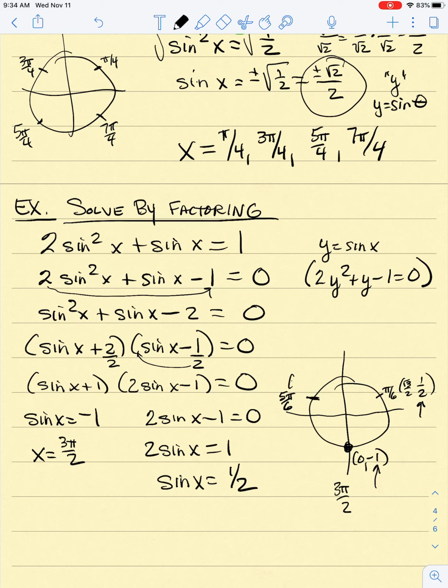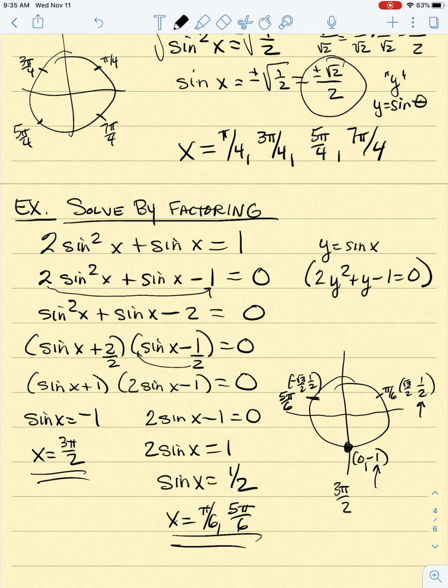Aren't we here at negative square root of 3 over 2, 1/2? Yes, indeed. So this x here, pi over 6, 5 pi over 6. And you thought I was kidding when I said that unit circle was so important. Well, there it is.